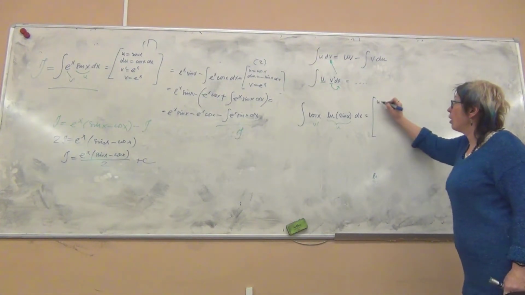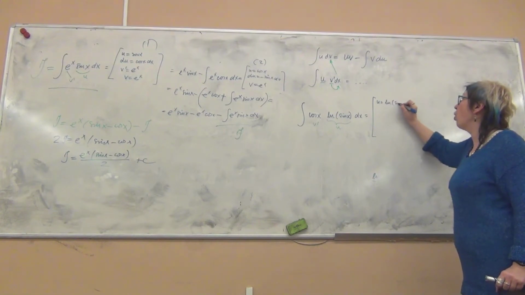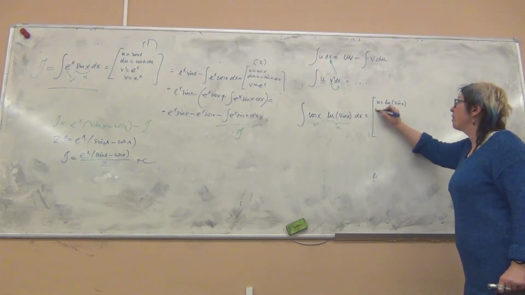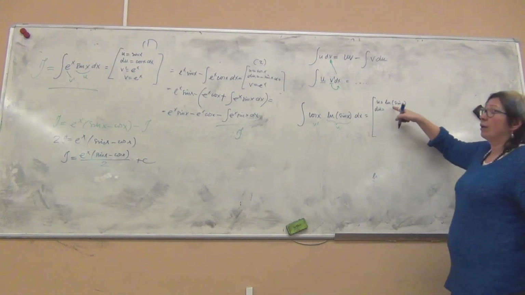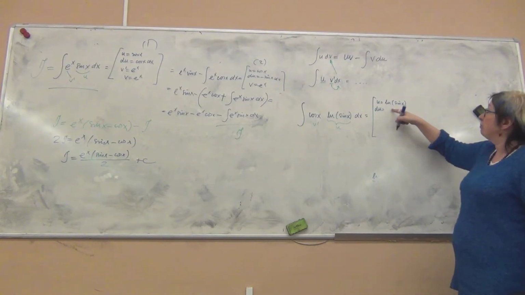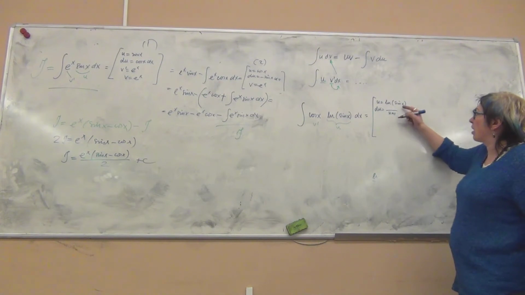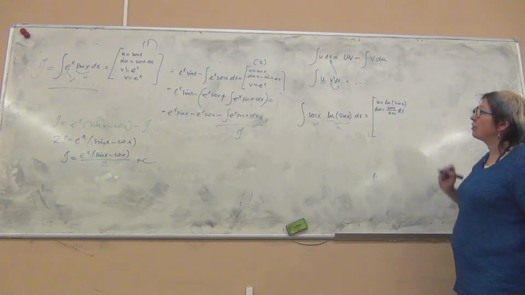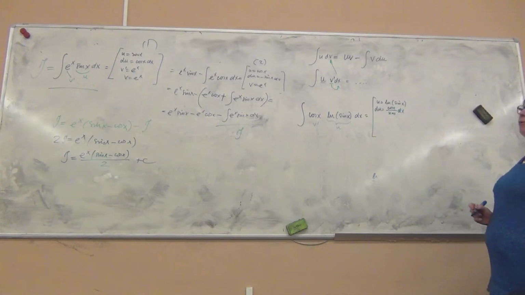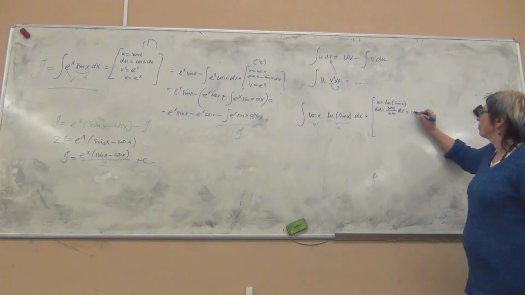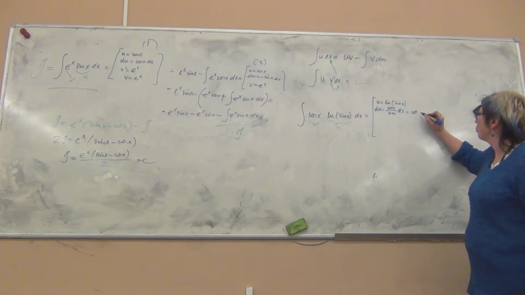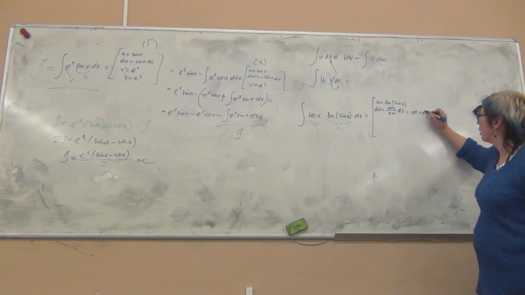Alright, so if u is ln of sine x, then du is, to derive this, ln derived is 1 over sine x times sine derived is cosine x dx, which is actually cotangent of x dx.